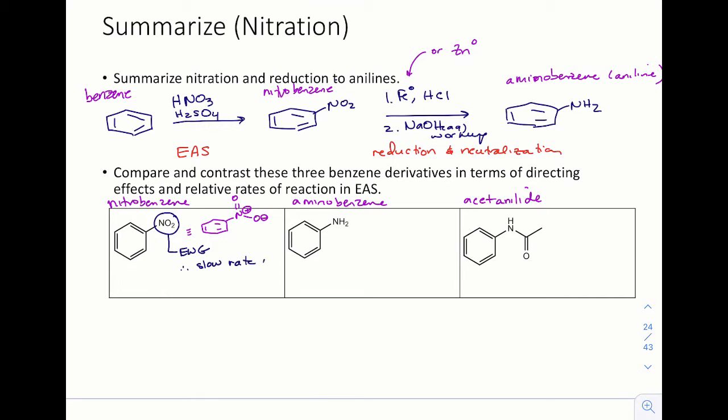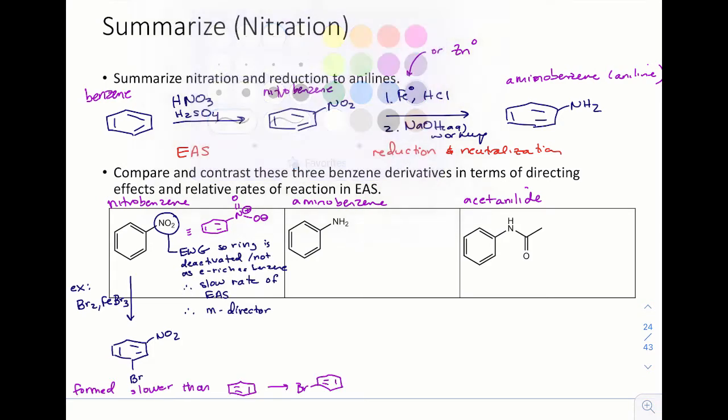Thus, it has slow rates of electrophilic aromatic substitution, and any additional electrophilic aromatic substitution reactions will be directed to the meta position. For example, if a bromination is conducted on nitrobenzene, the bromine and the nitro groups will have a meta relationship. And nitrobenzene will react slower than benzene in this reaction.